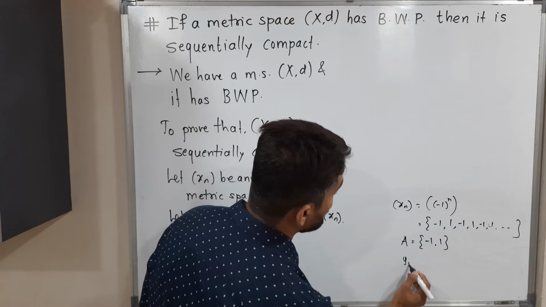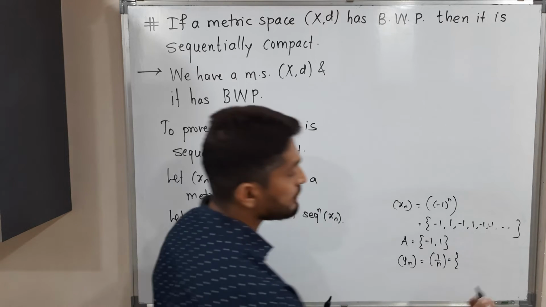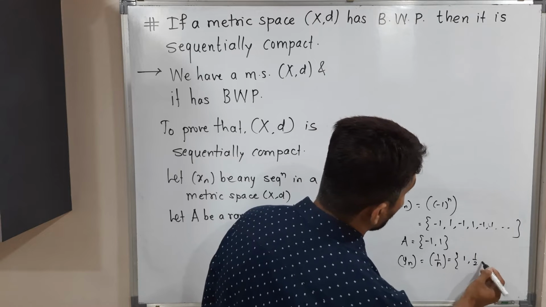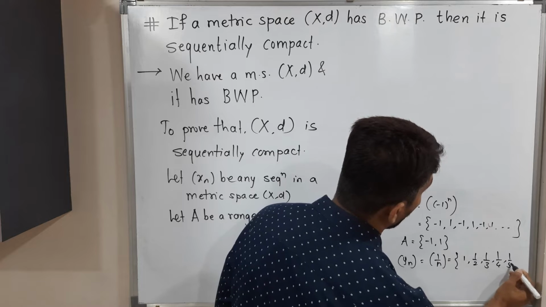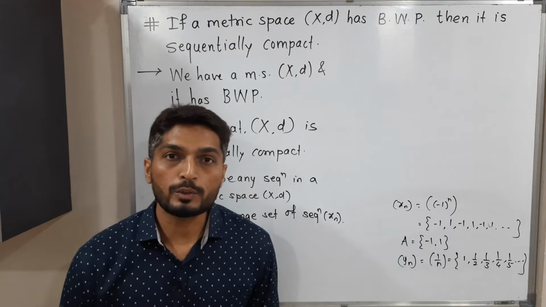Let us discuss one more example. If you have a sequence yn defined as 1 by n, the terms are: first term 1, second term 1 by 2, third term 1 by 3, next term 1 by 4, 1 by 5, and so on. Let us talk about its range set.